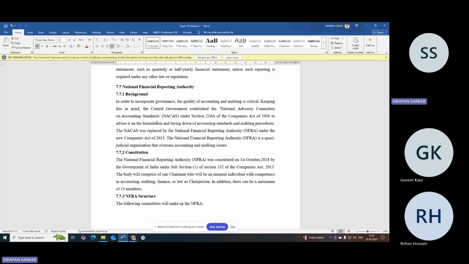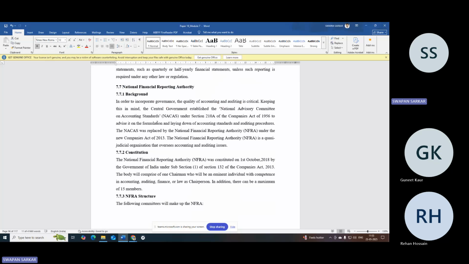Keeping this in mind, the central government established the National Advisory Committee on Accounting Standards, or NACAS, as per Section 210A of the Companies Act 1956 to advise it on formulation and laying down of accounting standards and auditing procedures. The NACAS was replaced by NFRA under the new Companies Act 2013, and the National Financial Reporting Authority is a quasi-judicial organization that oversees accounting and auditing issues.